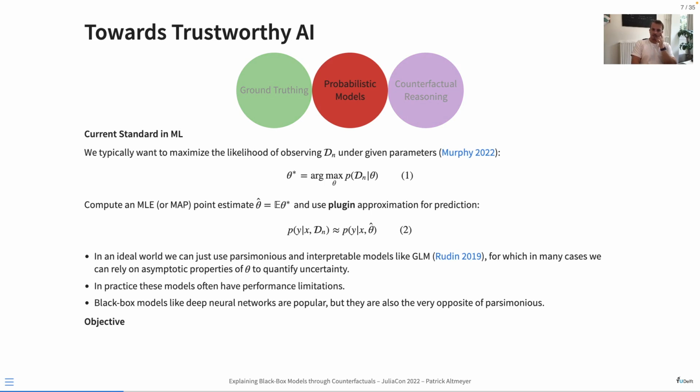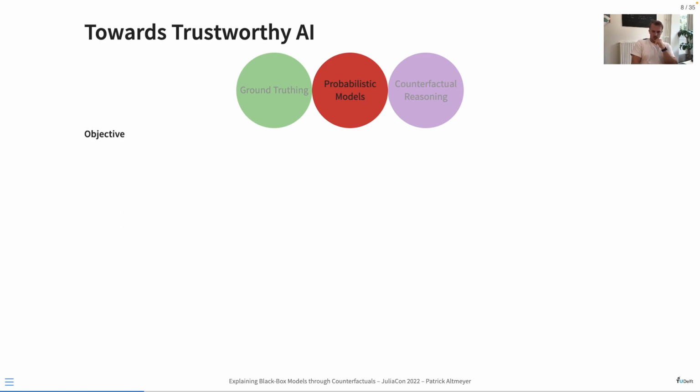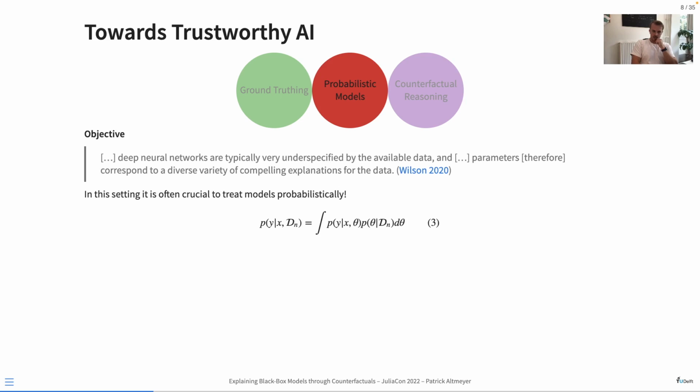The current standard in ML is still to rely on plug-in approximation. So we fit a neural network, for example, and we rely on the point estimate of the parameters that we get. But what we should realize is that in a setting where we're very underspecified in the data, parameters actually correspond to a diverse variety of compelling explanations and perhaps also not so compelling explanations for the data.